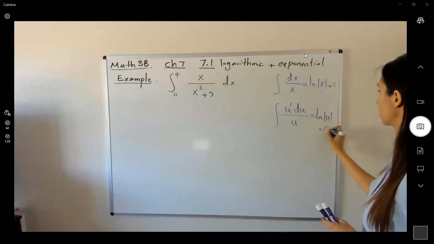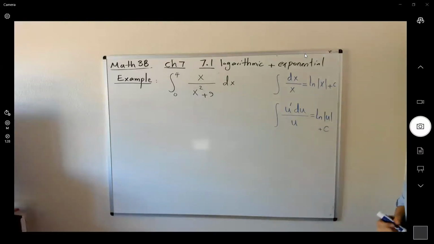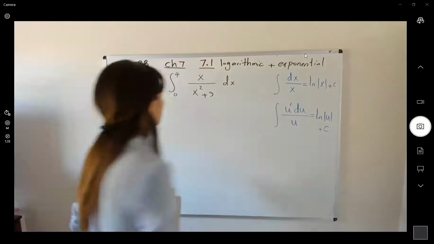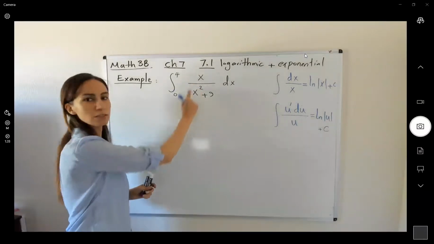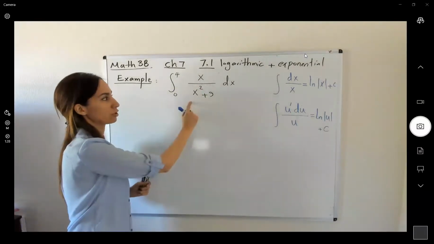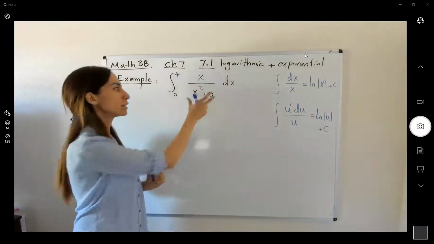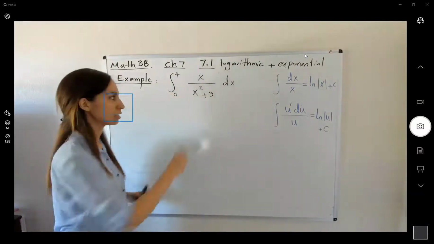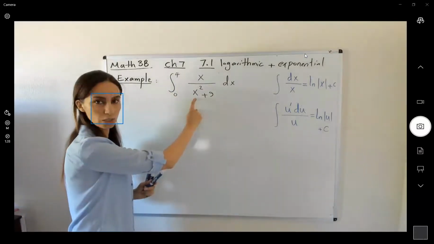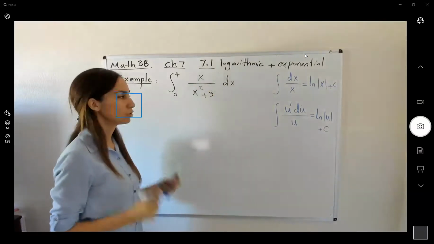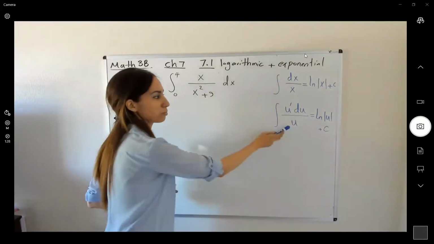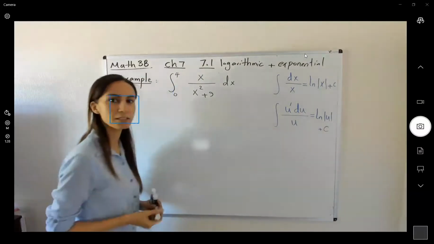Of course, we have the constant of integration as well. When it comes to a quotient function, with something on the numerator and something on the denominator, and the degree of the denominator is greater than the degree of the numerator, try your best to see if you can apply this formula.